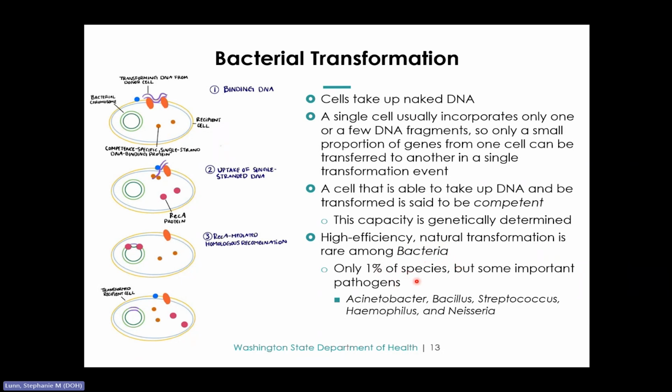Only 1% of species are naturally transformable, but this does include some important pathogens like Acinetobacter, Bacillus, Streptococcus, Haemophilus, and Neisseria. But some of these bacteria, like species of Haemophilus and Neisseria, can only take up DNA of the same species.